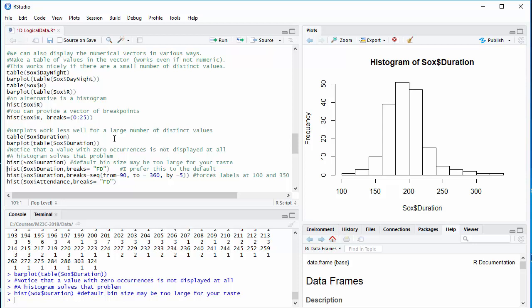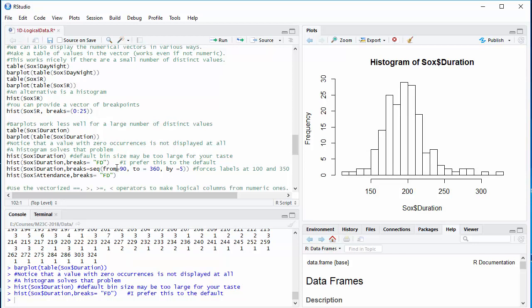I have found in general, if you say breaks equals the string capital F, capital D, these are the first letters of a couple of statisticians that invented the algorithm for putting this break in, you tend to get somewhat more columns, and I find that a bit more to my taste.